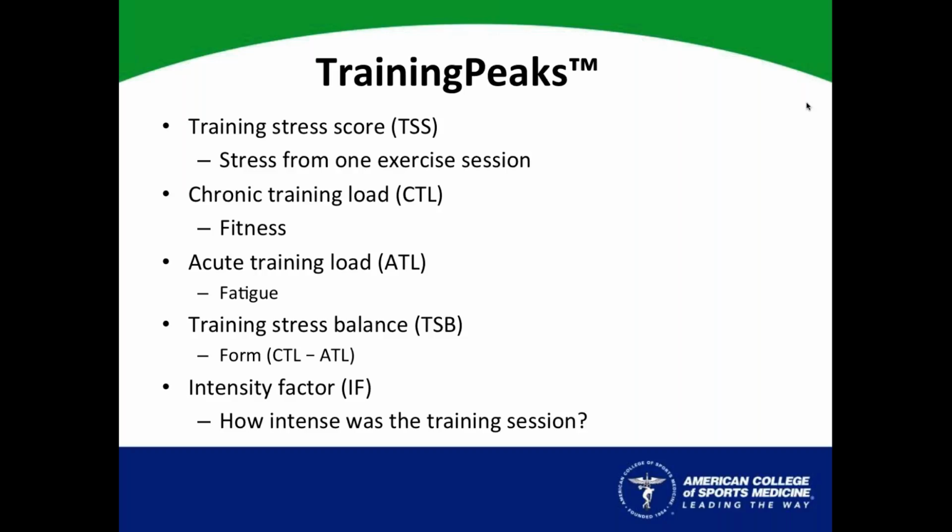Now, acute training load, or ATL, is your 7-day average. This is a shorter time period, so it gives you a measurement of fatigue. If I have 120 for my chronic training load and my acute training load is 150, then in the short term I've been training a lot, and it gives me a measurement of fatigue.